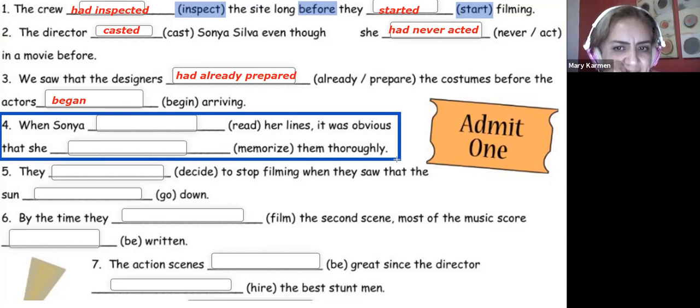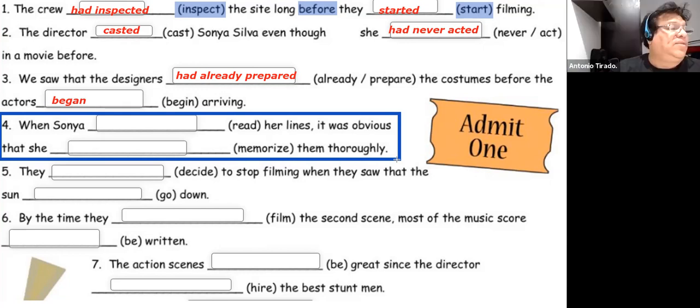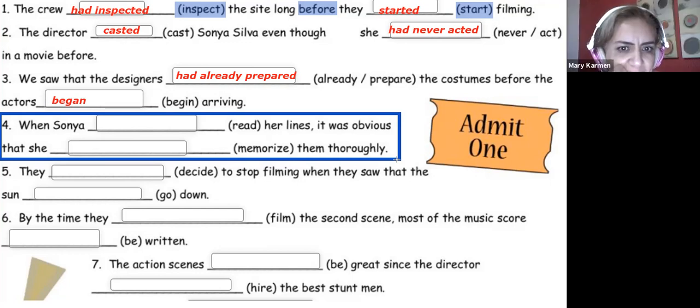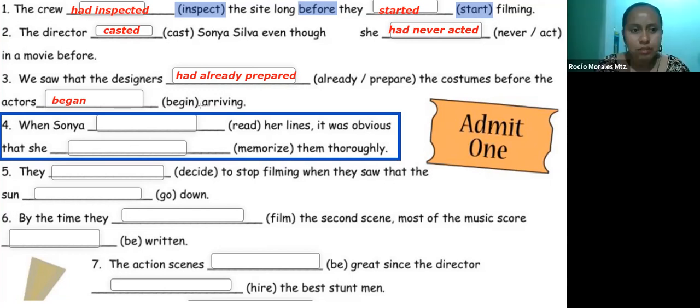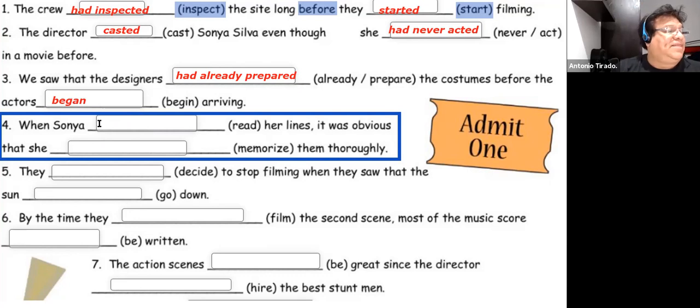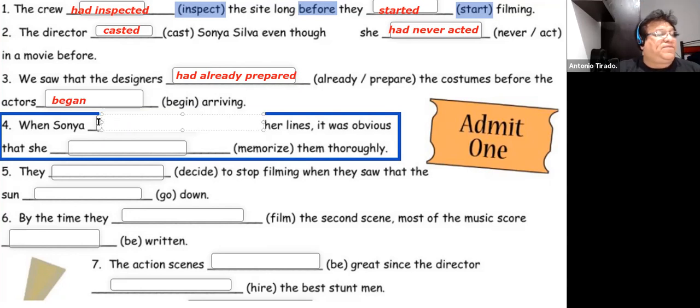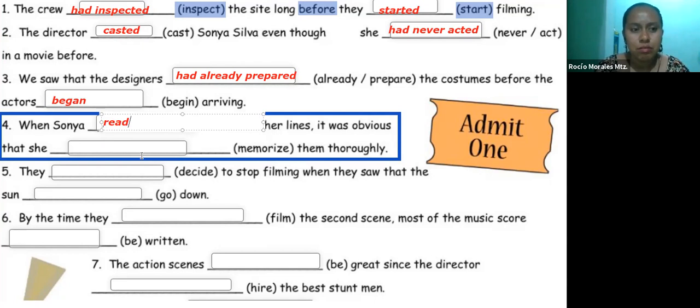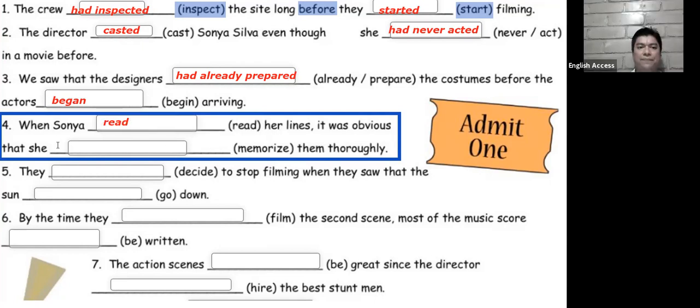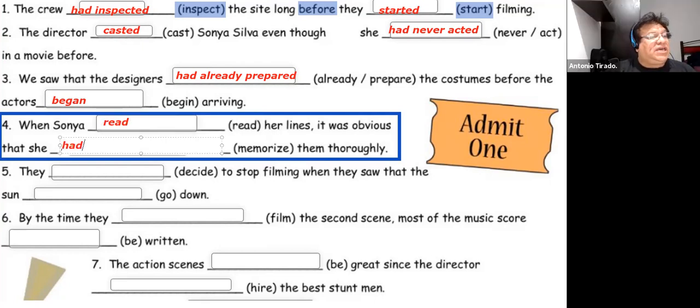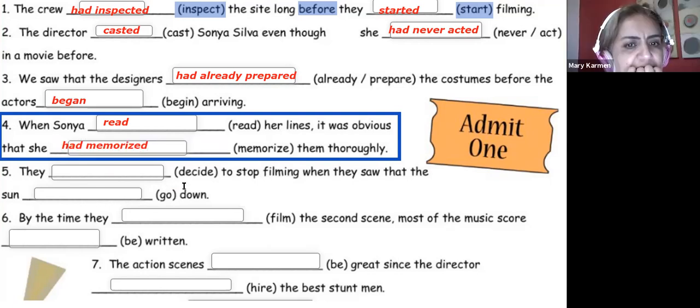Yes, that's the older event. So the previous event was when she read. So in the first line, we're going to use the past simple. And the second one is going to be the past perfect. So when Sonia read her lines, it was obvious that she had memorized them thoroughly. Very good, guys. Really good.